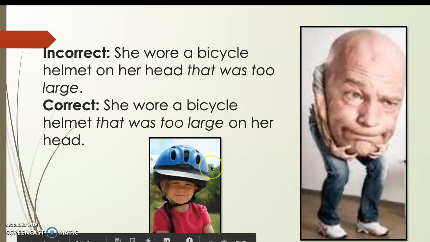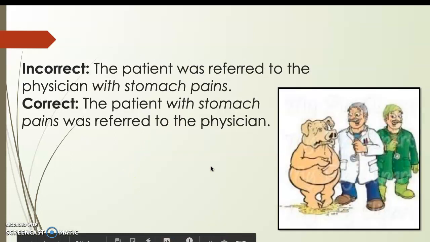You see how easy it was to switch that up and change it so it wasn't this and instead was this? Okay. But the next one says, the patient was referred to the physician with stomach pains. Now, would you want to go to a doctor who is constantly sick, especially right now? No, probably not.